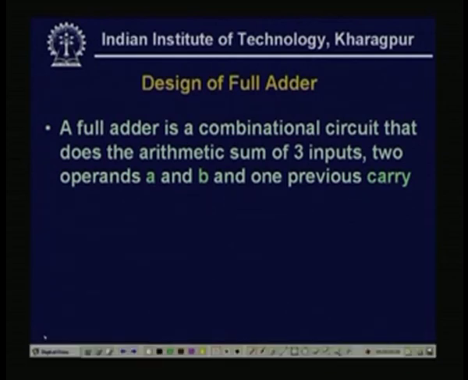See, earlier in the half adder we have taken only two operands A and B, say A is 0, B is 1, and adding gives sum 1 and carry 0. Now, this is a simple 2-input, single-bit adder.